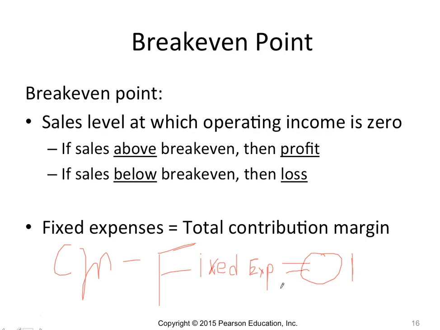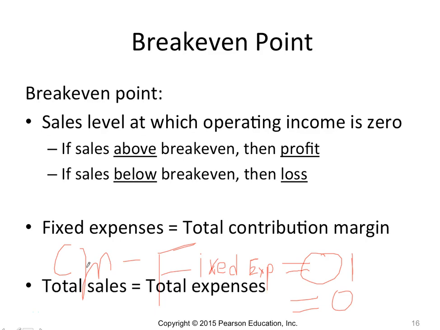Now, because we are looking for a break-even, this equals 0. So that means contribution margin minus fixed expenses is 0. That means fixed expenses should equal total contribution margin. That's how we get to this point. And total sales equals total expense.